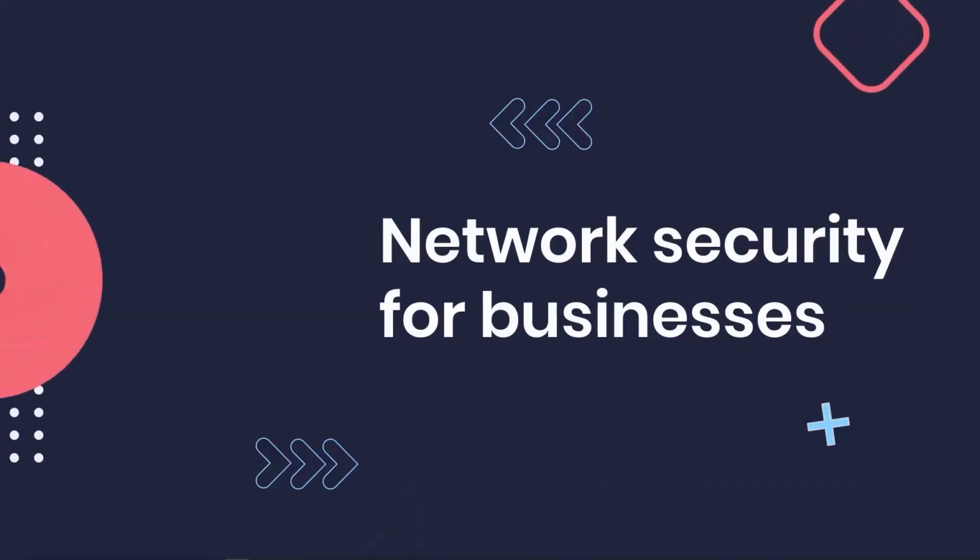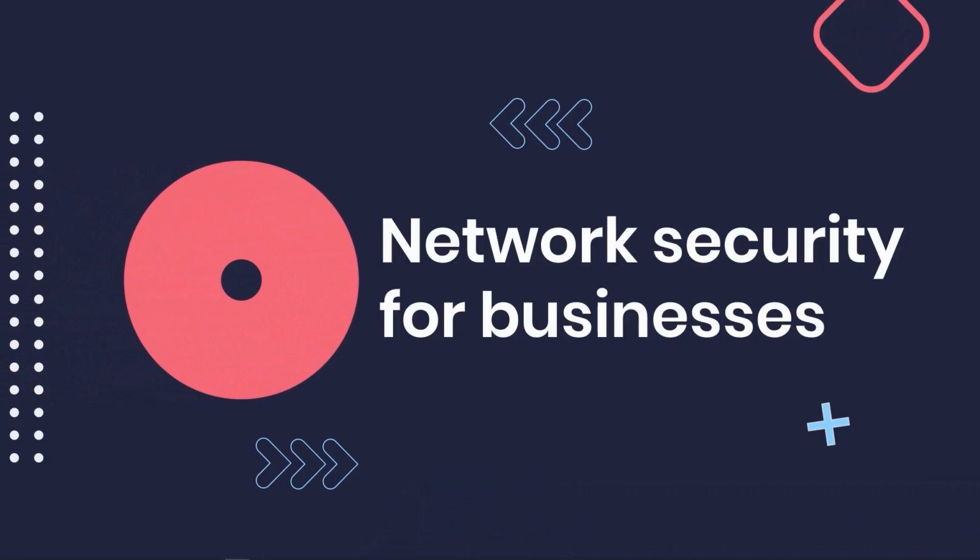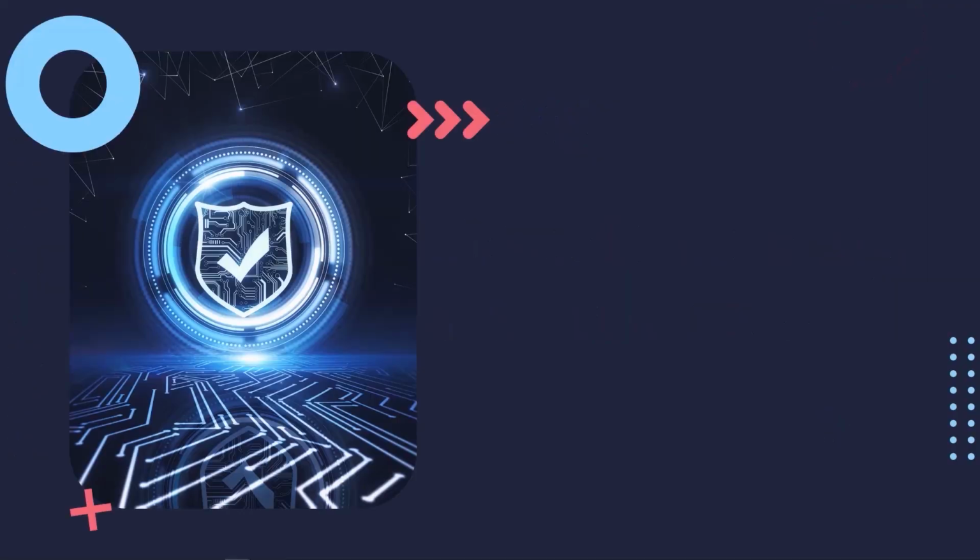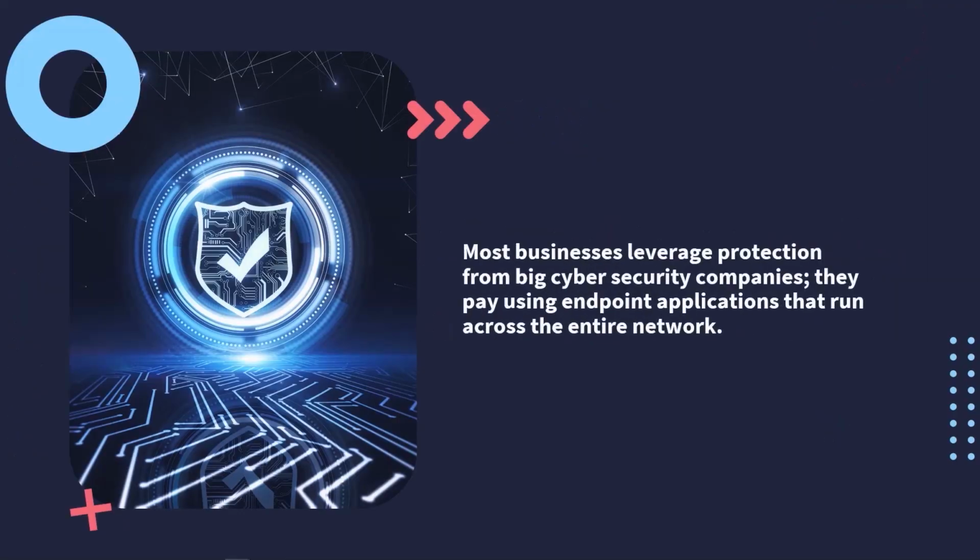Network security is always a high priority for any organization. Most businesses cannot withstand an attack during productive hours, as this will greatly reduce the ability of the business to carry out day-to-day operations. Most businesses tend to leverage protection from big cybersecurity companies like Forcepoint, Cisco, Fortinet, Splunk, IBM, Checkpoint, and Proofpoint to manage their network effectively.